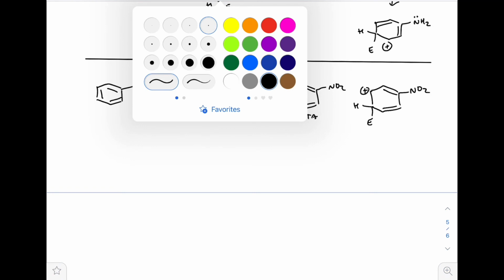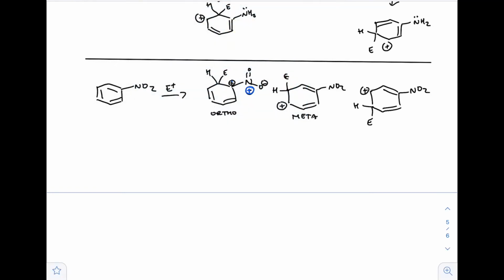What we should do is, of course, draw the positive charge on that nitrogen. So that way, in this first resonance structure in the ortho substituted intermediate, we can see we have 2 positive charges right next to each other. That's highly unstable. Or let's just leave it as unstable, right? Because it still can do some stuff when it's in that position.